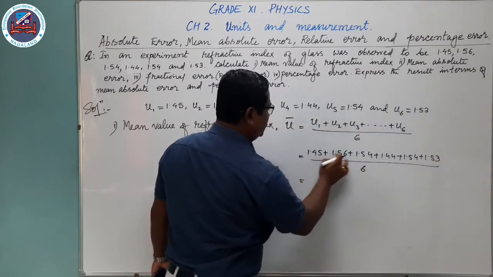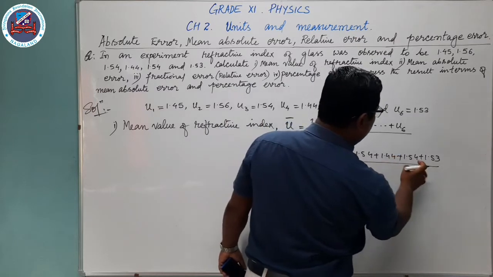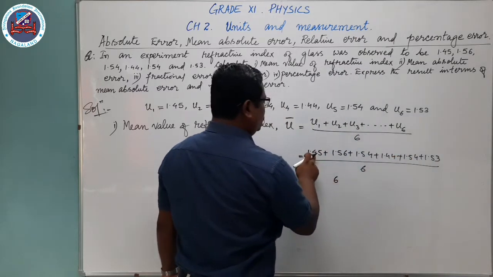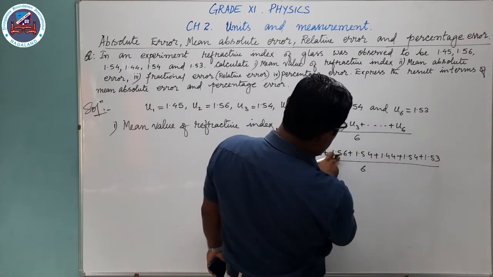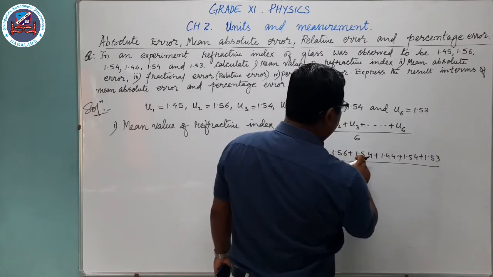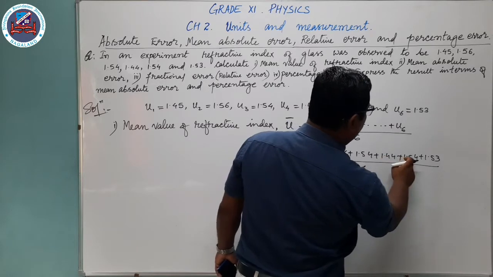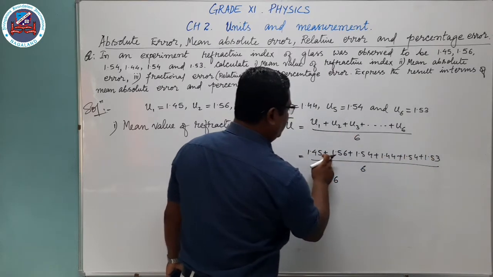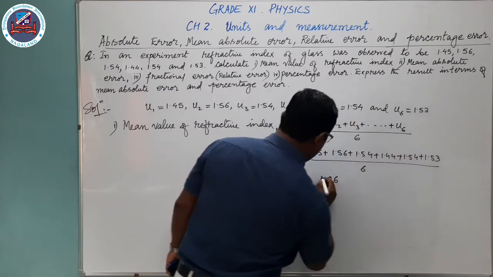And you add it: 5, 6, 11, 15, 19, 23, 26. 2 in hand, 2, 4, 6, 5, 11, 16, 20, 25, 5 is 30. 0, 3 in hand, 3, 4, 5, 6, 7, 8, 9.